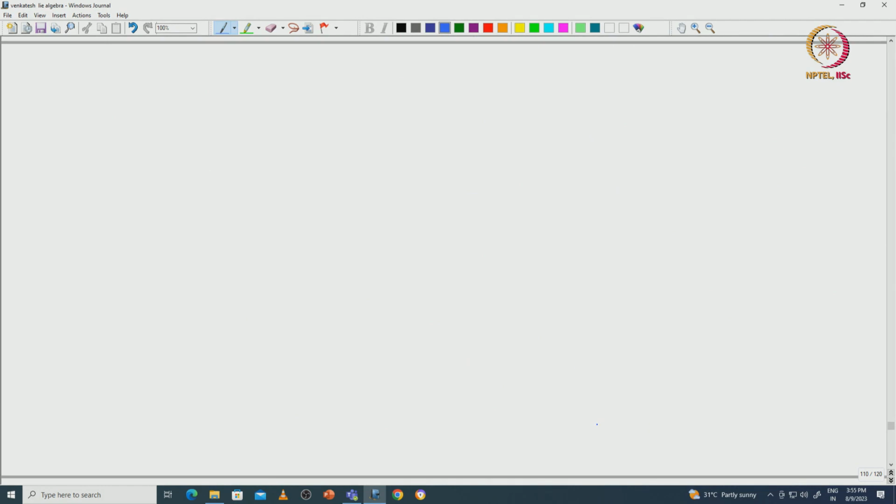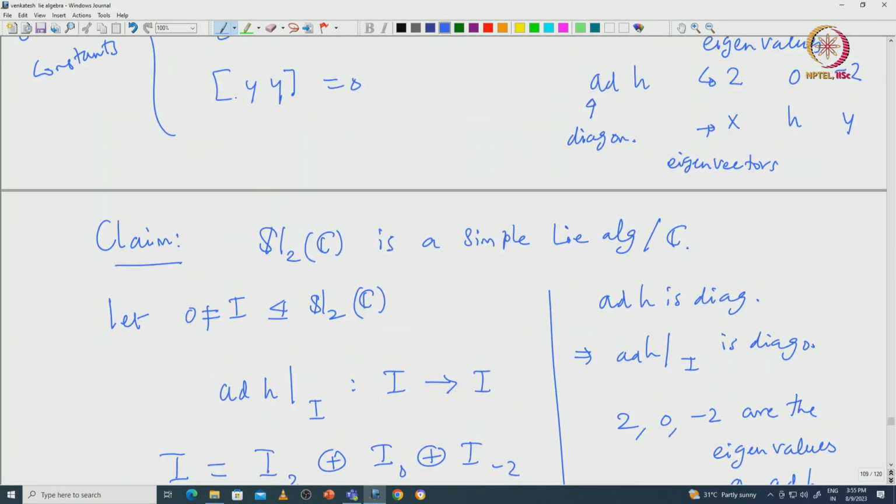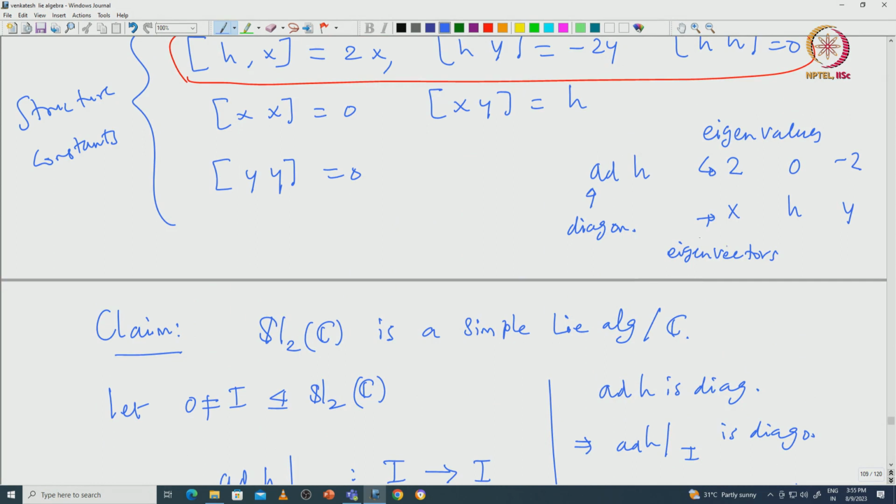Now suppose this I_2 is non-zero. Going back, the eigenvectors of ad h are nothing but x, h and y. That means each eigenspace corresponding to an eigenvalue of ad h is one dimensional.